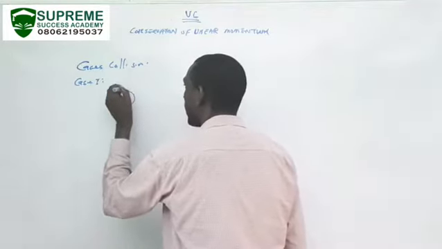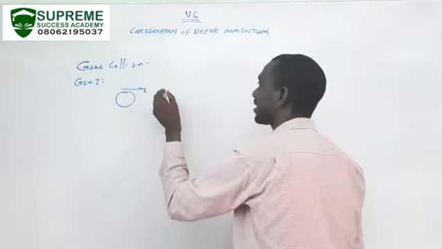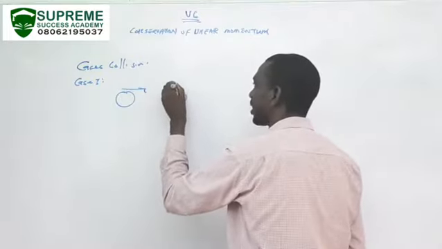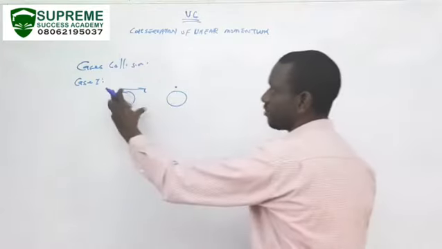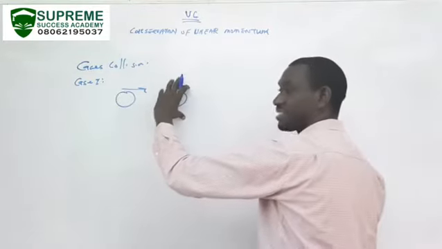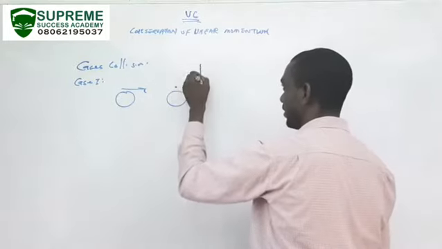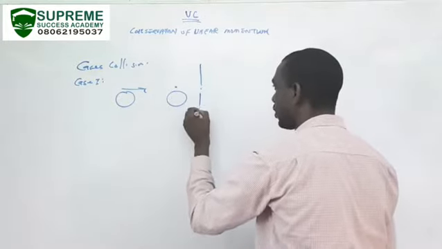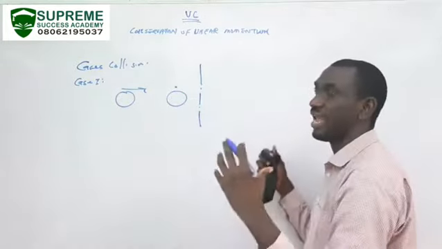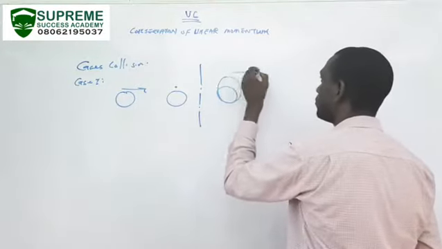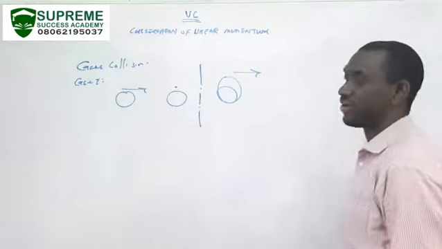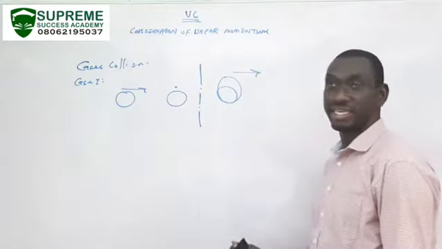When an object collides against a stationary object, and after collision, both of them stick together and move in a certain direction. So this is case 1.